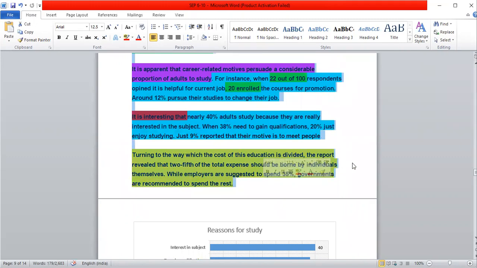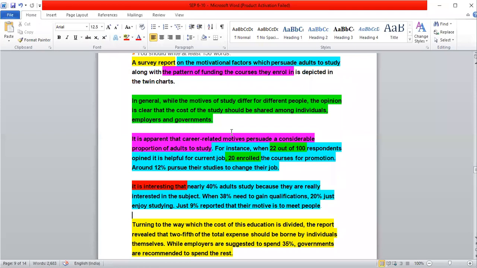So excluding the numbers, it goes. So we won't be counting the numbers, 40%, 38%. We won't be counting the brackets too. So they are not included in the word count. And one more thing I just want to tell you is that if you are writing figures like 2 or 5, please write them in words.